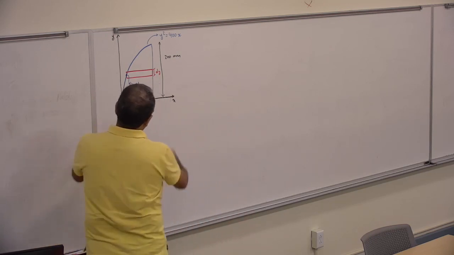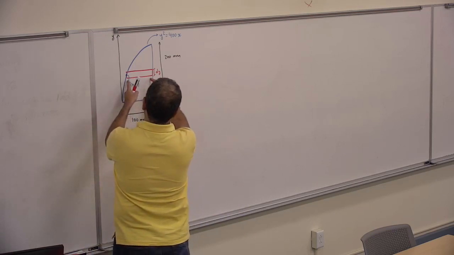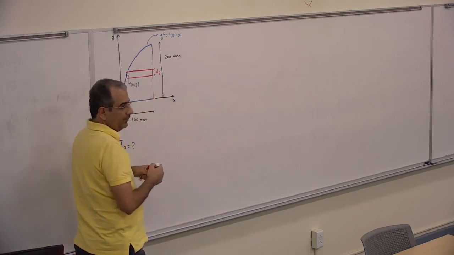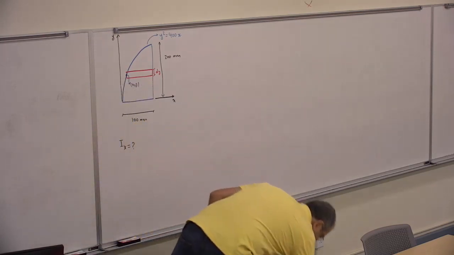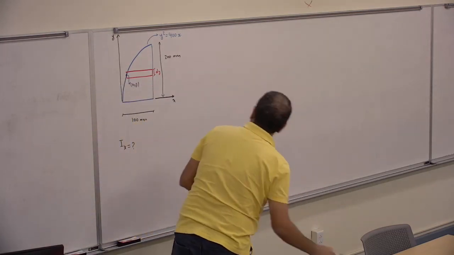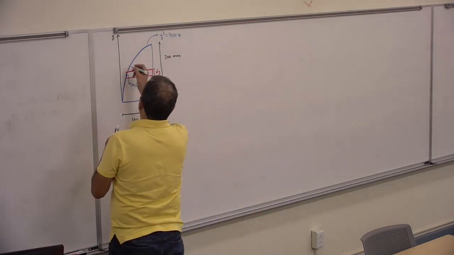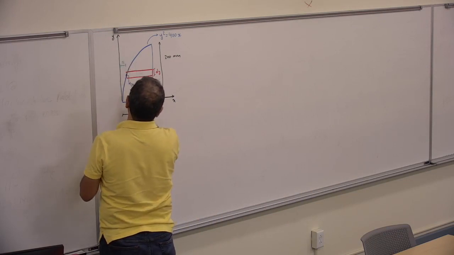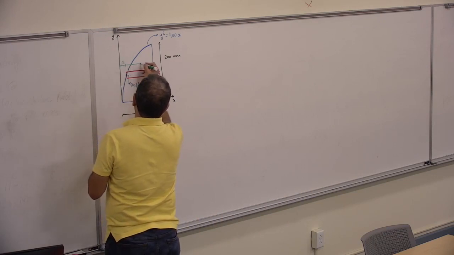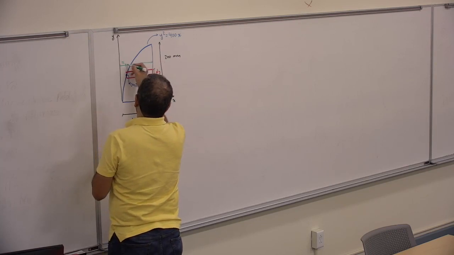To find the dA, I need these lengths. Correct? So how much is this length? 100 minus x. Yep. So if I want to draw that, up to here this is x, and from here to here it's going to be 100 minus x.